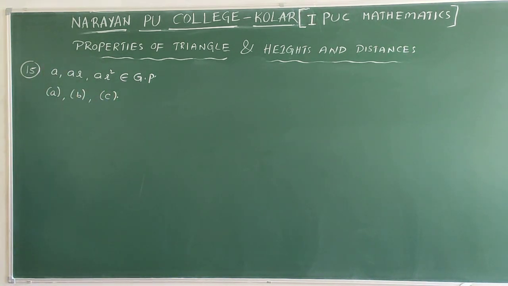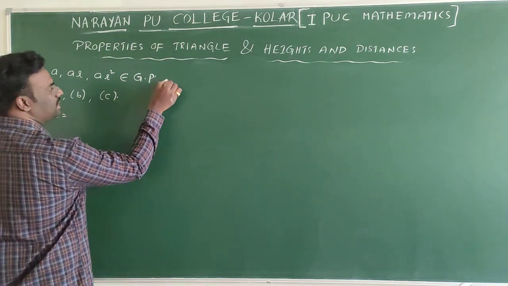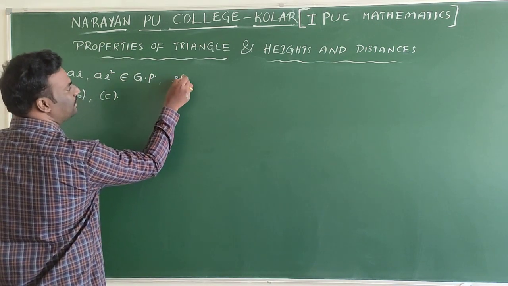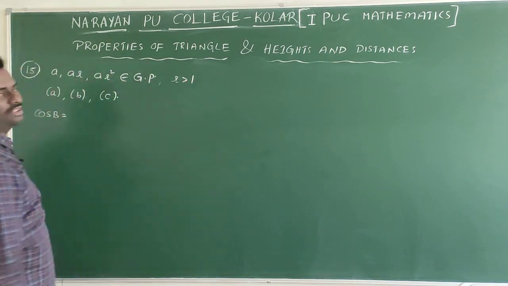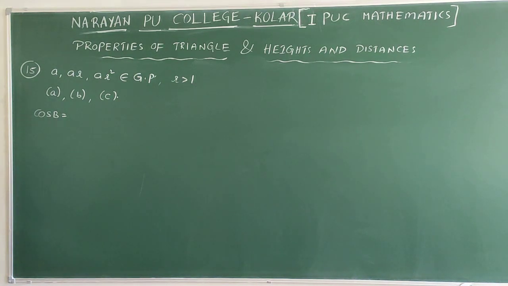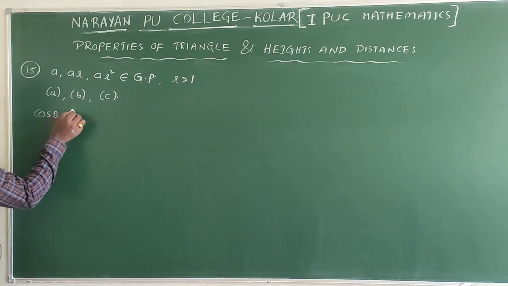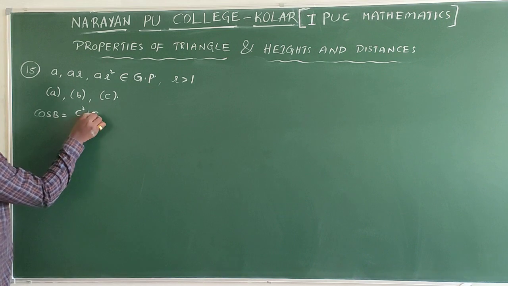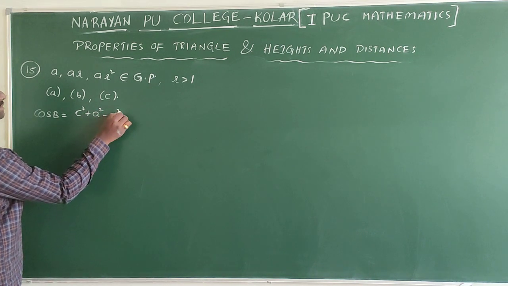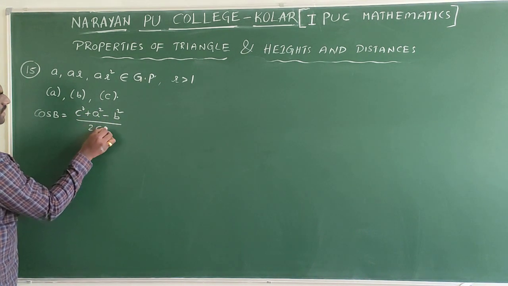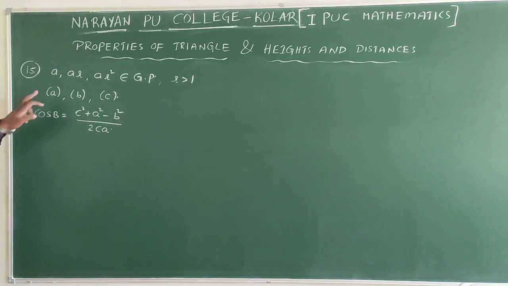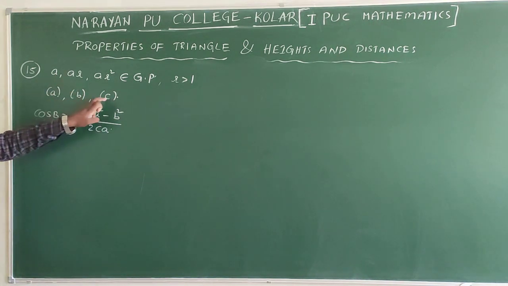Okay. So first I can find cos B. And they have given one more condition, the common ratio R is greater than 1. So cos B I can write as C square plus A square minus B square by 2CA. In place of A only, B means AR, C means AR square, you can substitute.